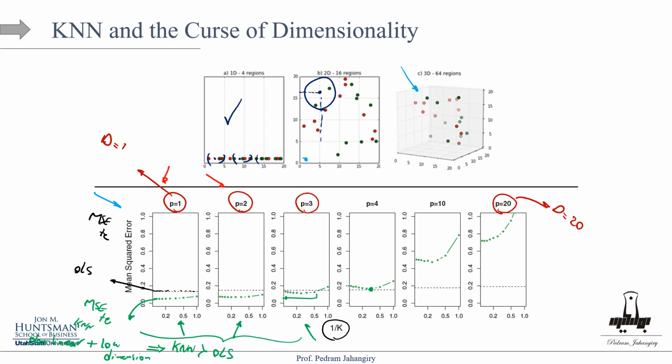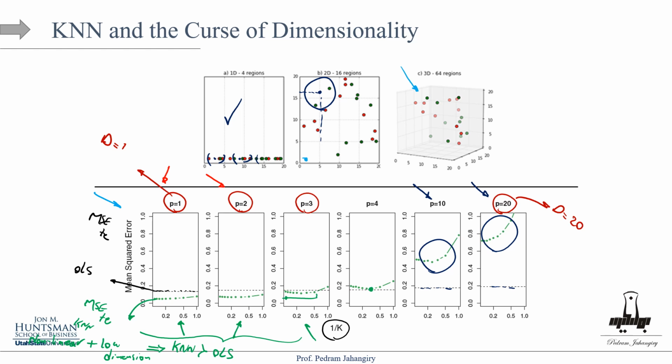However, when the dimension of the data increases, let's say 10, 20, as you can see, regardless of the value that you pick for k, KNN is going to do a much worse job compared to simple OLS. So OLS is completely outperforming KNN when the dimension of the data is large.